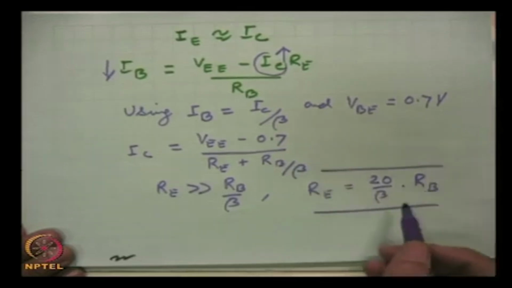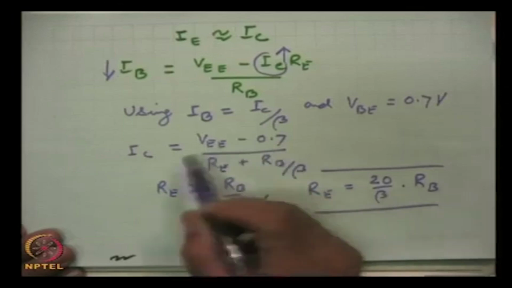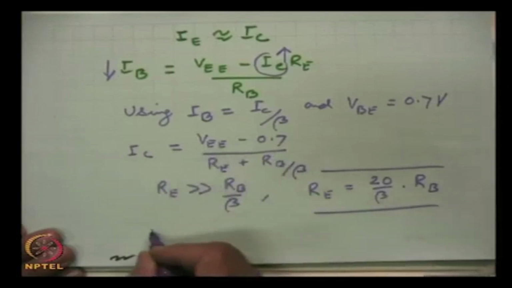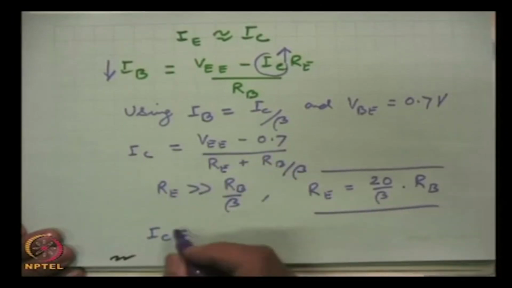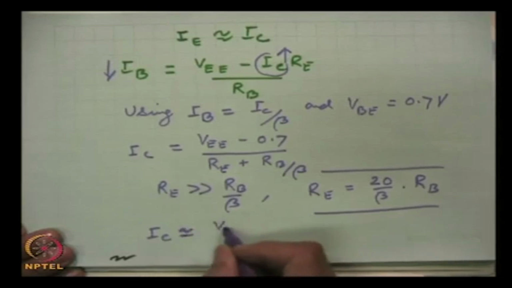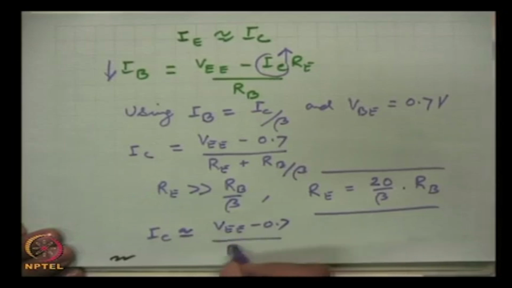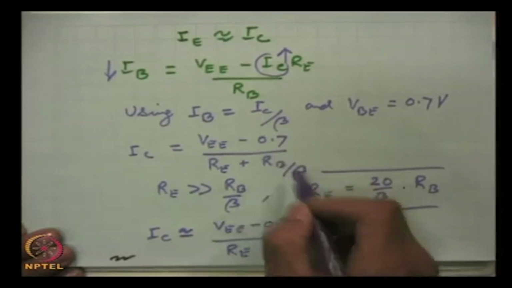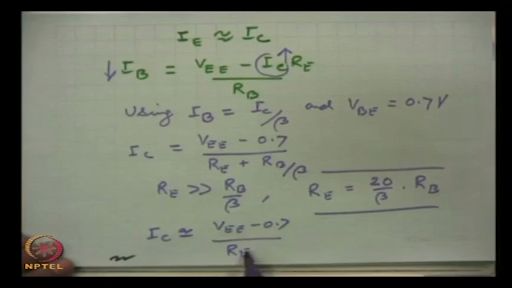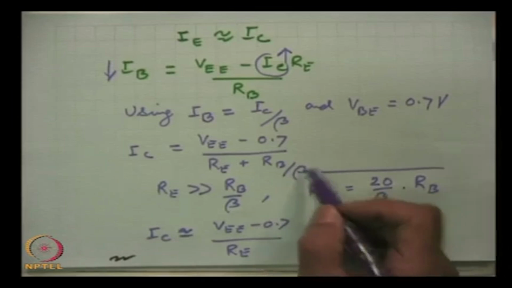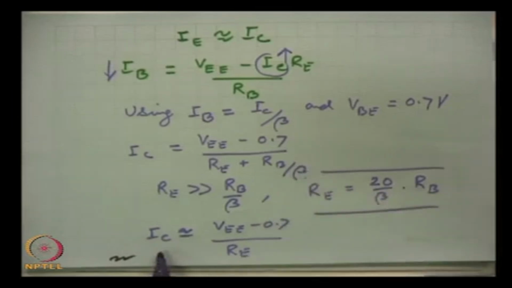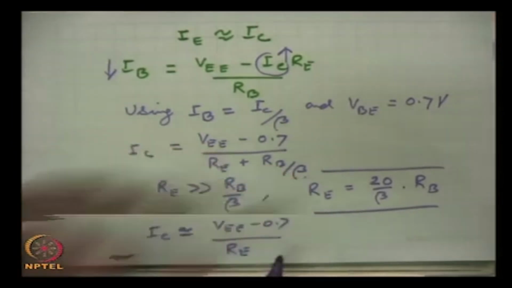If this condition is met, then this IC will be very closely equal to this. We can drop this term, and this shows stability achieved through any variations in the value of beta, because final current, the collector current, is irrespective of this value beta.